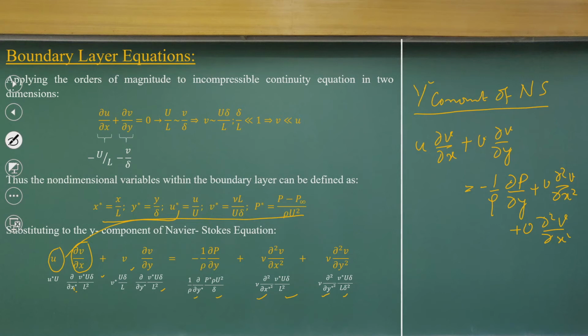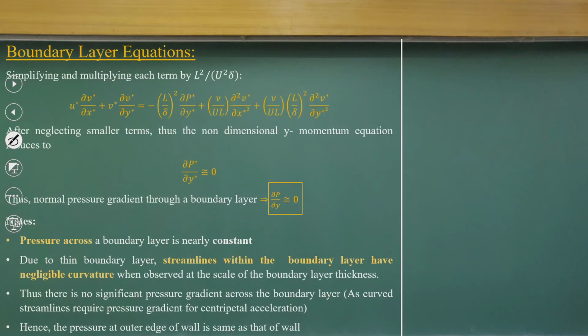Del by del x is 1 by L, and del by del y is in terms of the boundary layer thickness. Just substitute this and rearrange it in non-dimensional form, and a very interesting equation comes. This is the non-dimensional form of the y momentum equation.